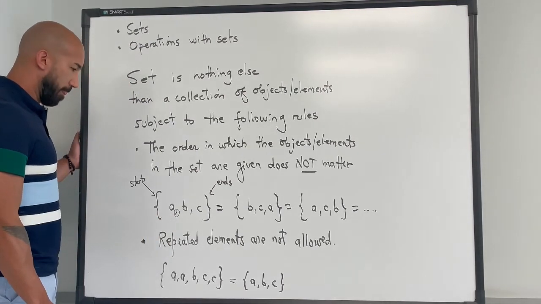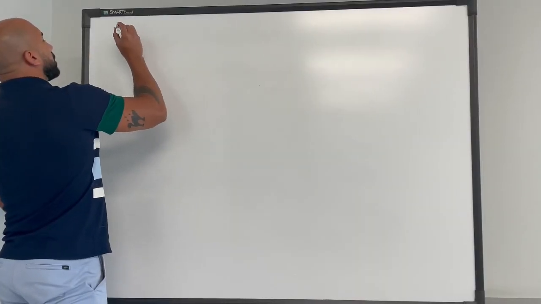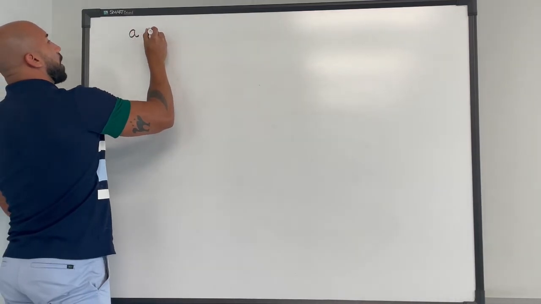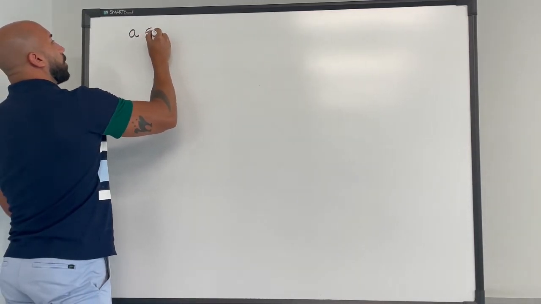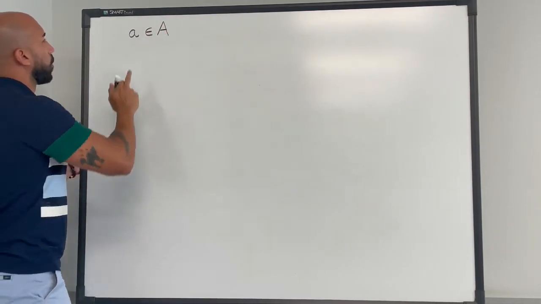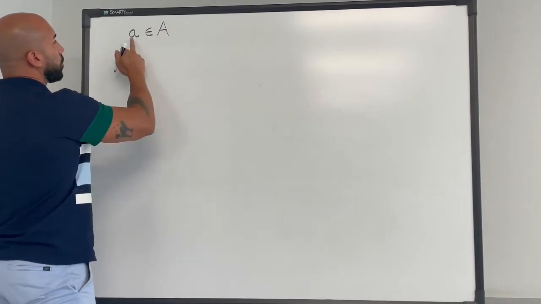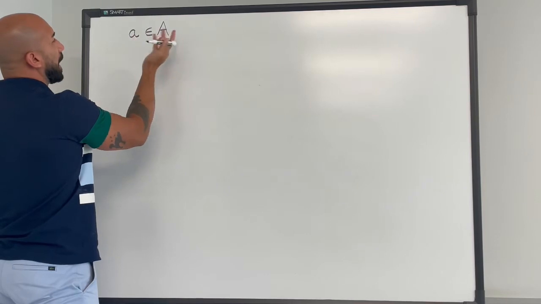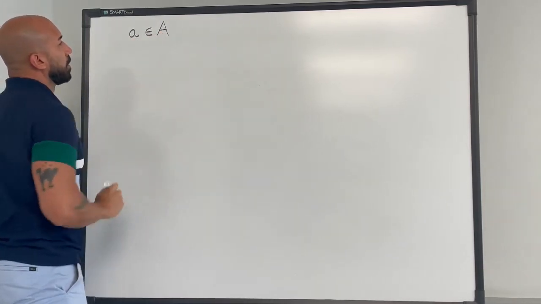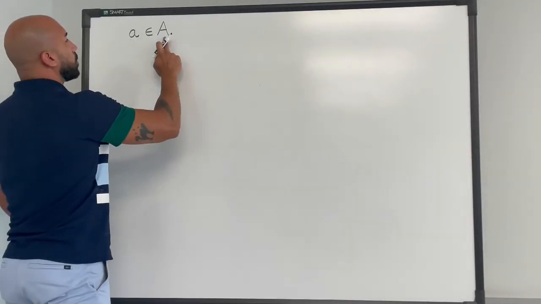Good so far? There are two basic relations with sets. When we write A and we use this symbol here, what we mean is, we are going to use lowercase letters usually to stand for the elements of a set, and uppercase to stand for a set. So how do we read this?